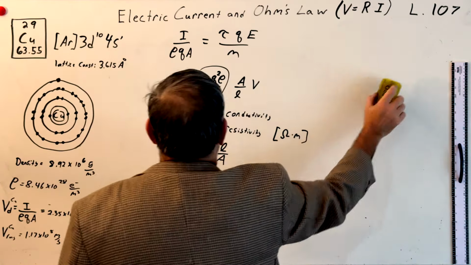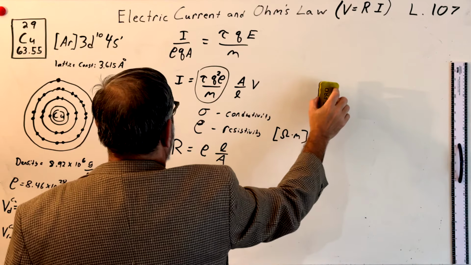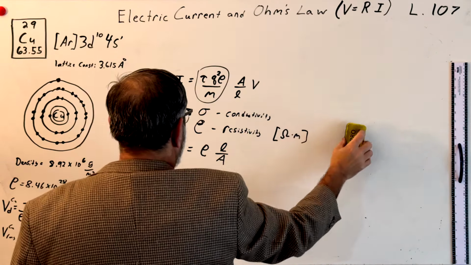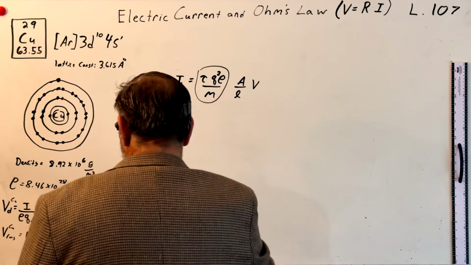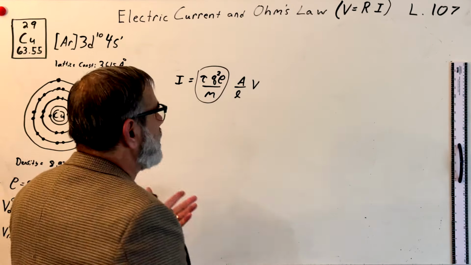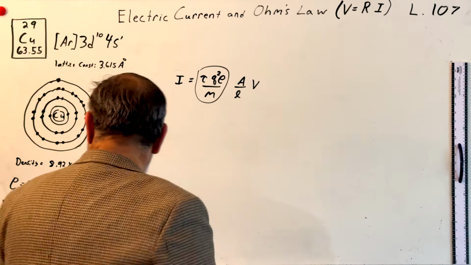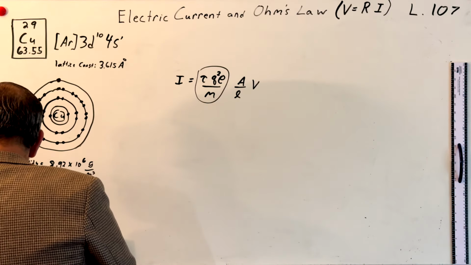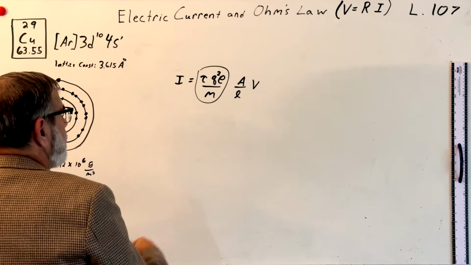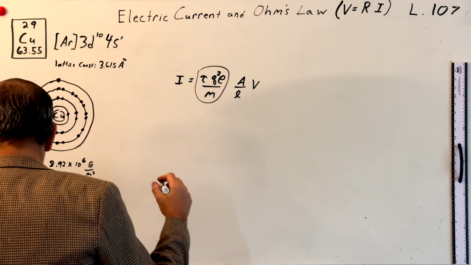Let's get some of this out of the way. We'll probably want to keep this around. We don't need that since it's all kind of built in there. There we go. So let's see what we can do here. Let's calculate the electric field for a 12-gauge wire, since we already dealt with a 12-gauge wire, carrying 1 amp of current, okay? So let's figure out what the electric field is for that.